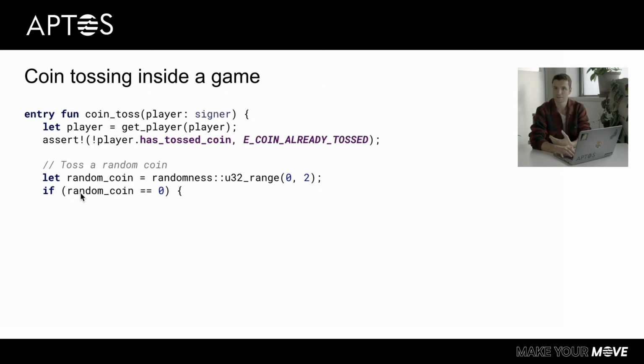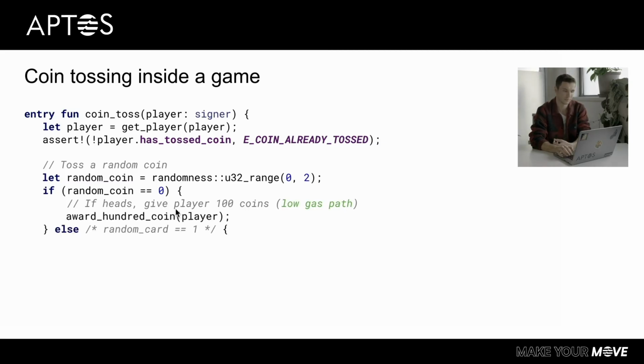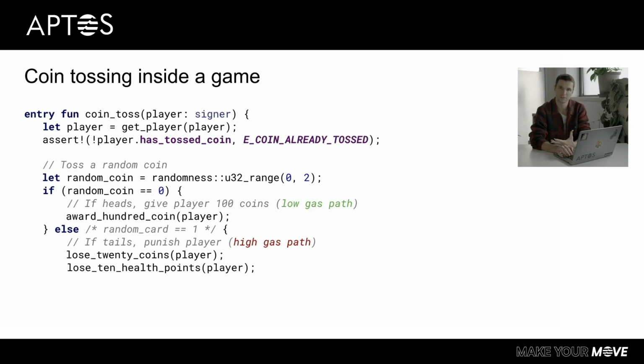And you check, is the random coin 0? In other words, is it heads? If it's heads, then give the player 100 coins. This is the low gas path. And if it's tails, then punish the player. This is the high gas path. So the player will lose 20 coins, lose 10 health points and 5 armor points, let's say. And lastly, mark that the player has tossed a coin so that he cannot repeat this multiple times.